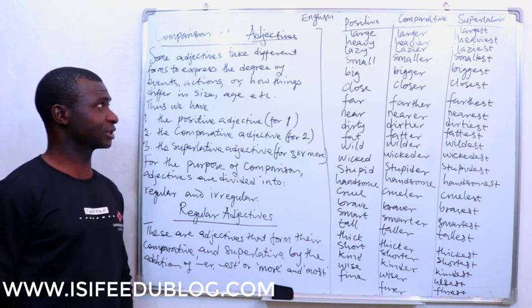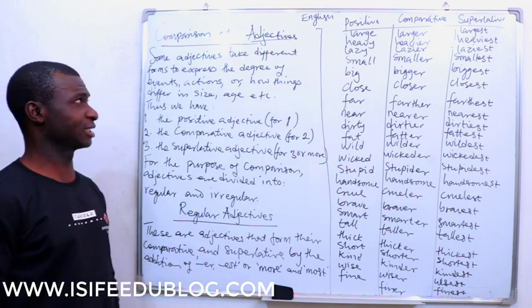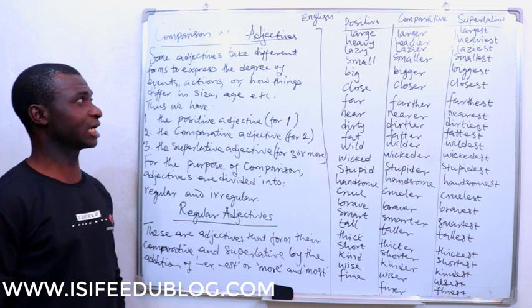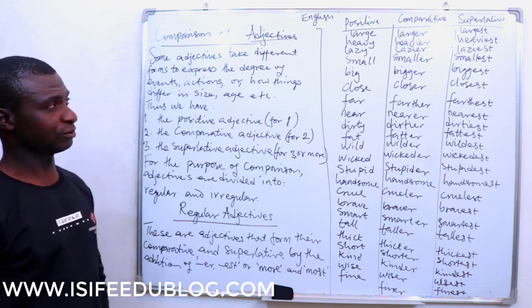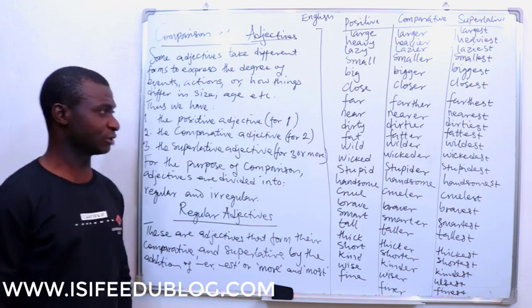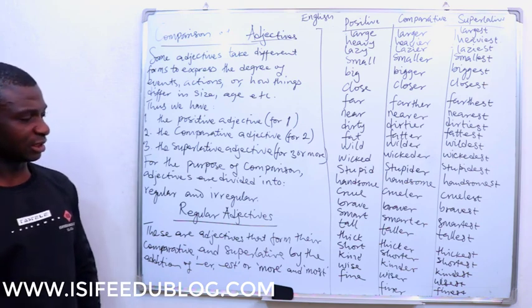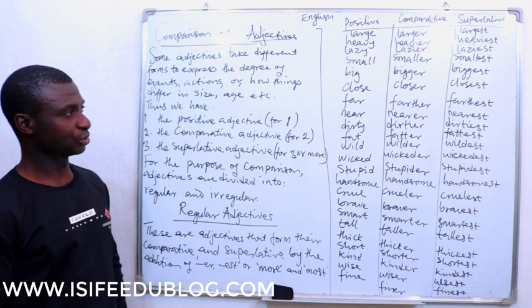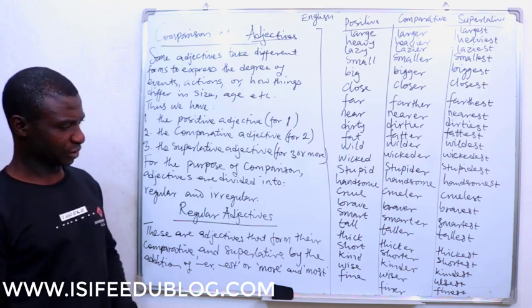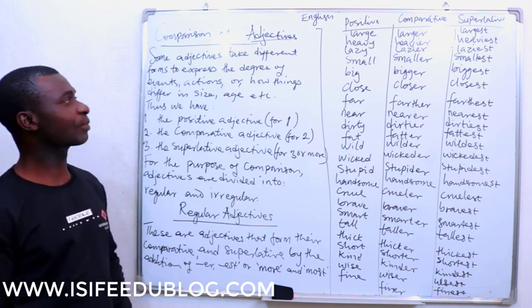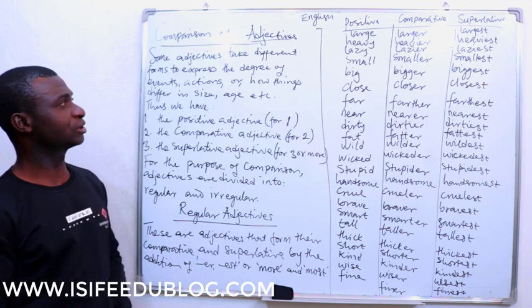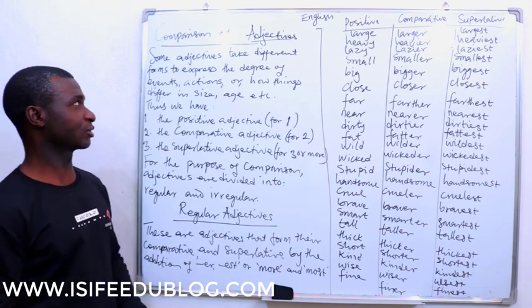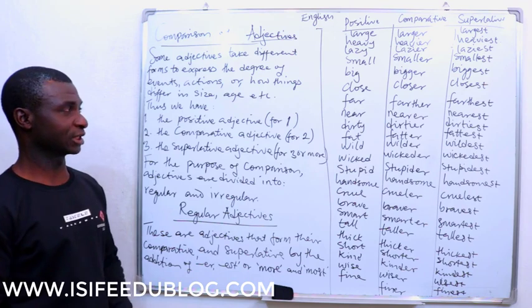In our previous lesson on adjectives, we looked at the introduction to adjectives and all that there is to it. We'll continue our lesson on adjectives, looking at comparison of adjectives.